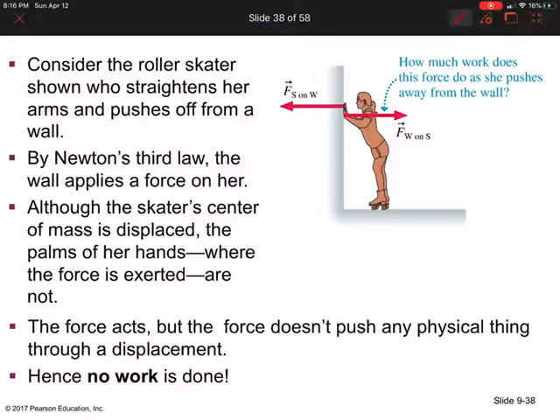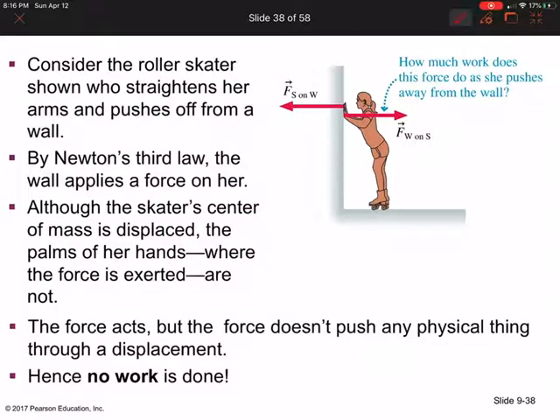Okay. And then this is showing Newton's third law. So that's for every action, there's an equal and opposite reaction. So if the skater is pushing on the wall, then the wall is pushing on the skater. And it's saying that the skater's center of mass is displaced, but her palms is where the force is actually exerted.